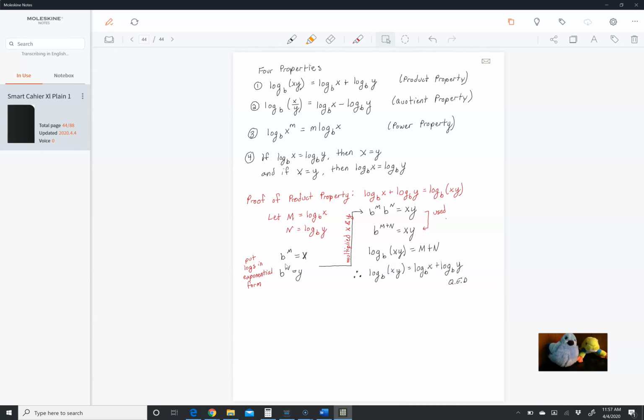I'm going to say a to the w times a to the v is a to the w plus v. We were just using this law of exponents, okay? And then from here to here, we put it back in logarithmic form.